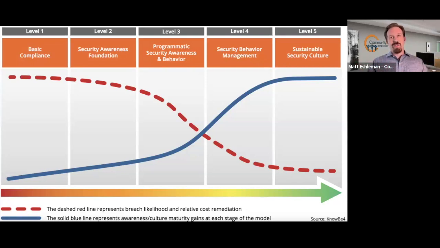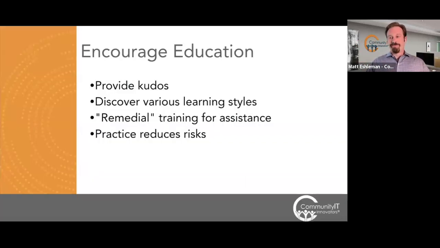Because the technical solutions are imperfect. And it's an important way to build culture, to build relationship between the staff and the IT services, so that you can work towards building that overall sustainable security culture where everybody's working together. It's not just that operations staff and executives don't have to participate, but it's really building a culture across the organization to make sure that the entire organization is secure.